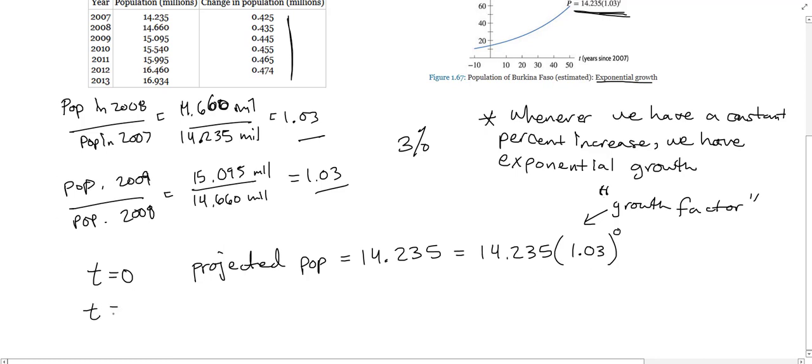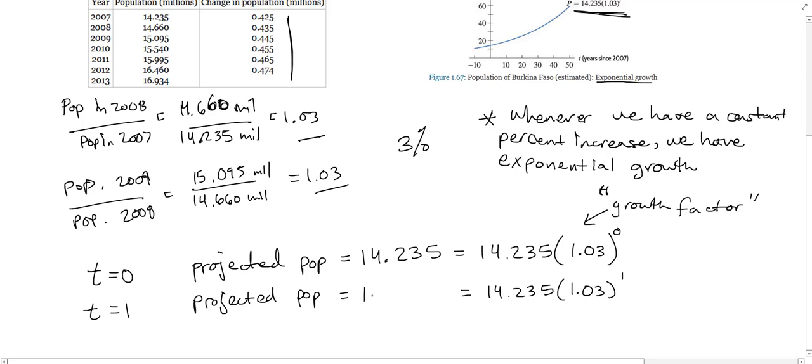Alright, so let me show you where I'm going with this. So t is 1, so that's 2008. We have the actual population from the table, but using this model, the projected population would be 14.235, that starting value, times that growth factor to the first power. So that starting value times 1 of the growth factors, 1.03.